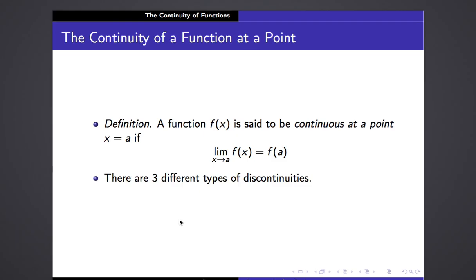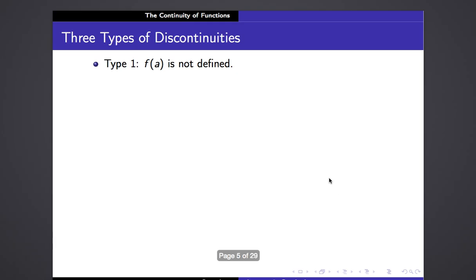There are actually three types of discontinuities, which obviously come from this definition itself. So the first type I want to talk about is this: if f of a is not defined, obviously in this case the condition fails to be satisfied, so the function is not going to be continuous.